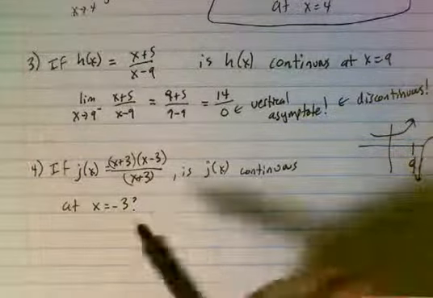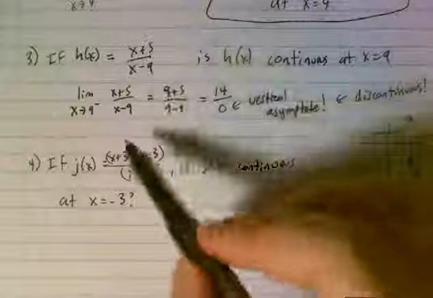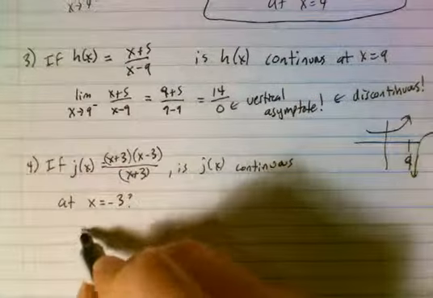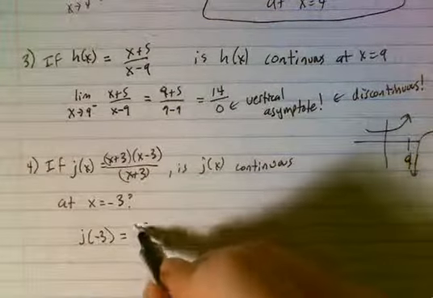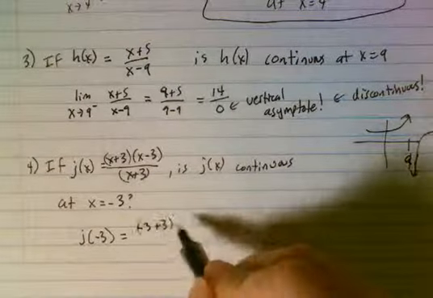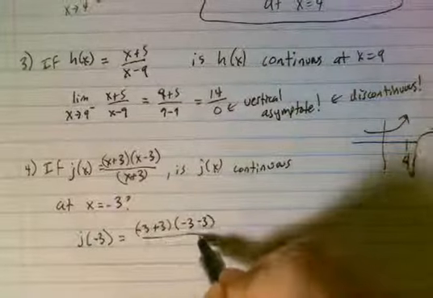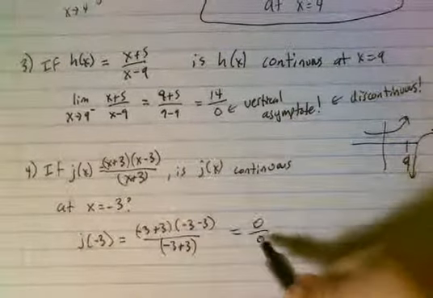Is j of x continuous at x equals -3? Well, when we're finding that limit, what we do is we would be canceling this out. But when we're finding j of -3, we're just putting in -3 minus 3 over -3 plus 3. Notice that we're getting 0 divided by 0.